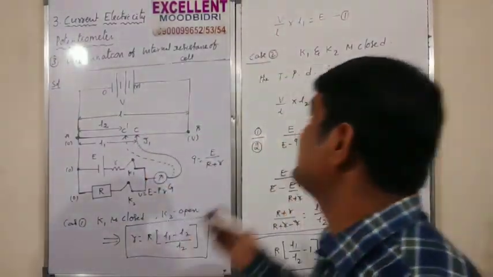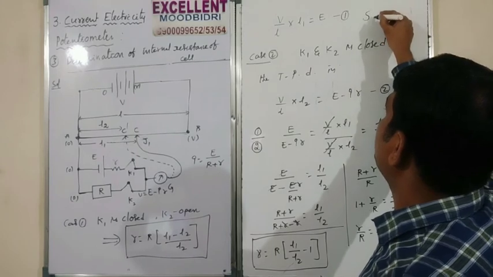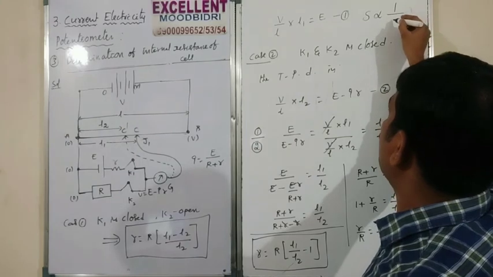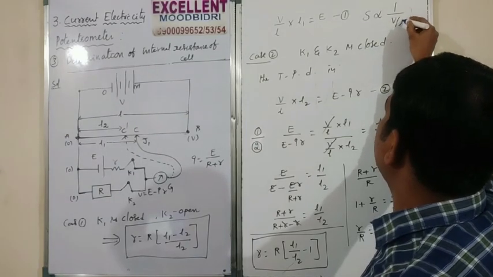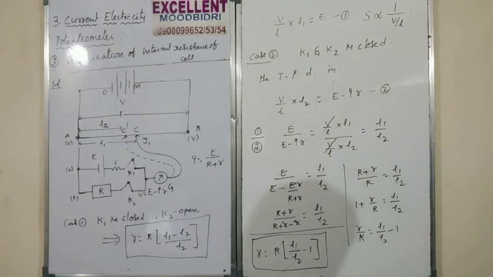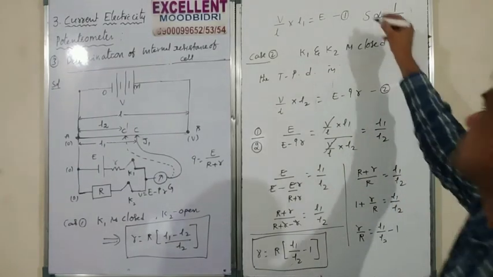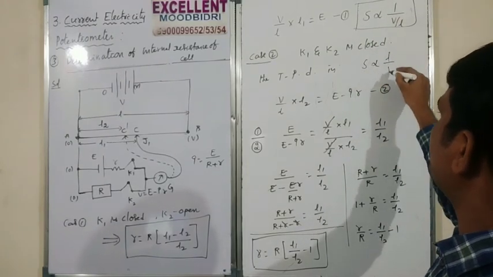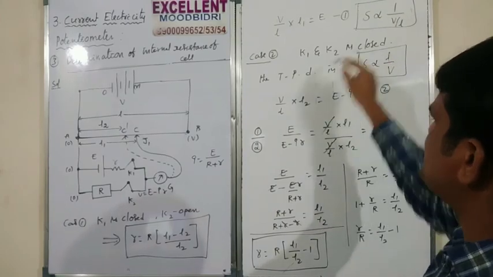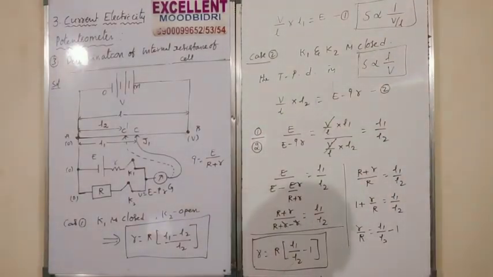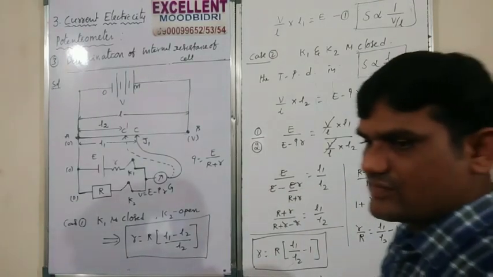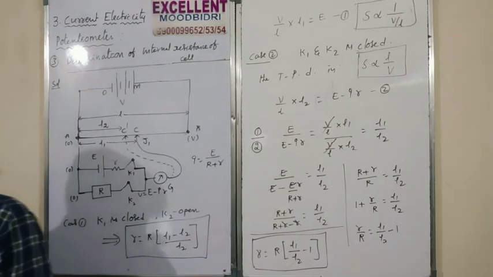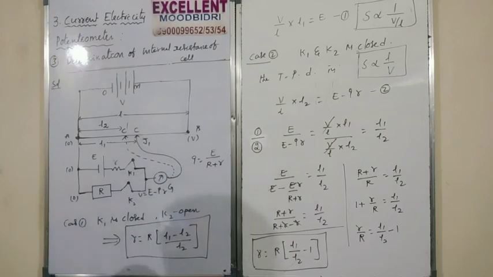The sensitivity of a potentiometer is inversely proportional to the potential gradient V by L. This is also a formula to remember: S is proportional to L by V, the sensitivity of the potentiometer. Are you clear? That is the concept of potentiometer sensitivity.